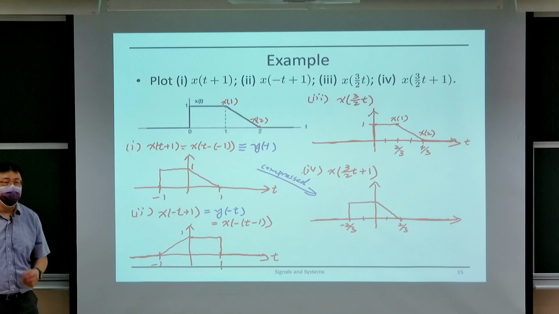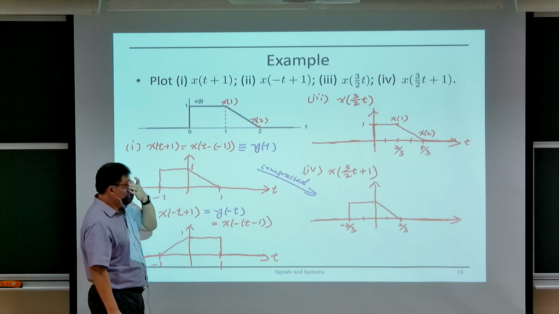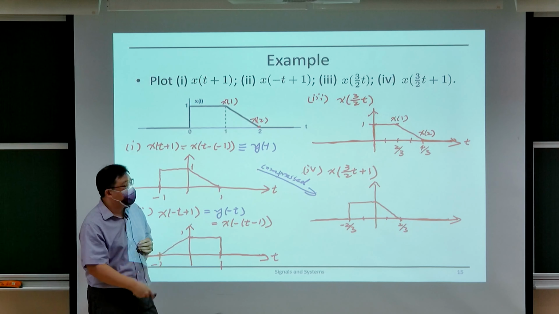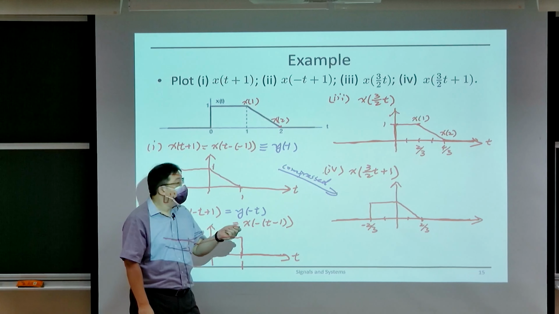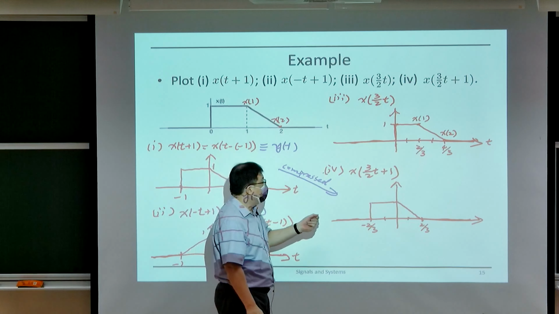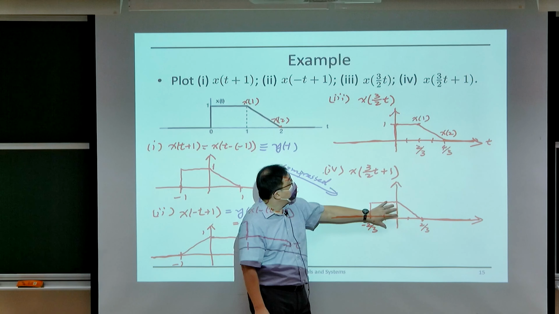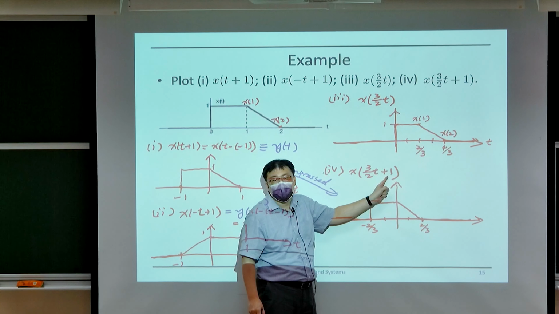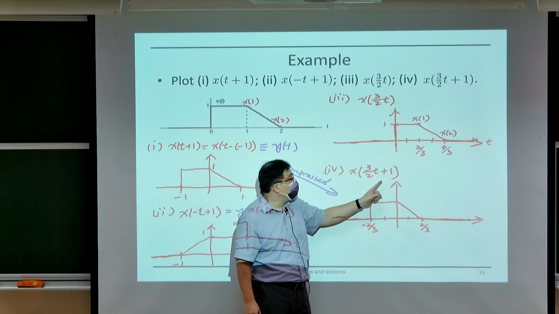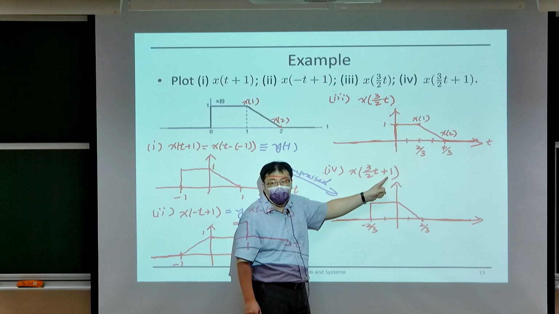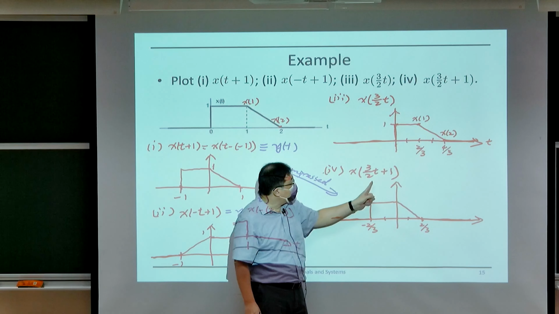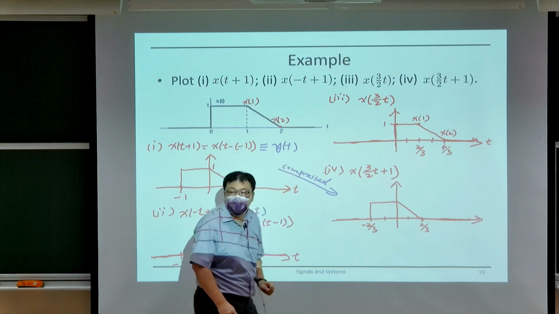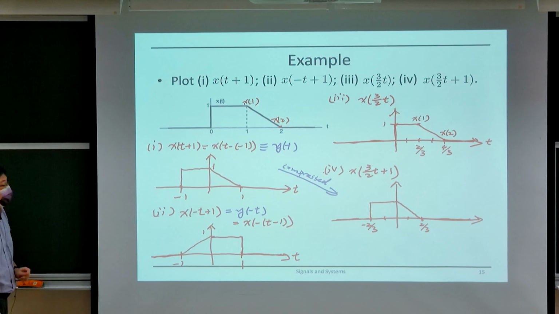But treating this as a time-shifted version of this is a little bit trickier, because this signal is not this signal shifted by 1. In order to compute the correct time shift, you should take into consideration the scaling that you have done to the independent variable.